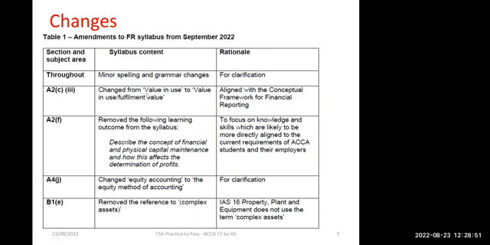Similarly, can you see the screen? In the A2 section of the syllabus, there is a change to value in use. We use the term value in use under IAS 36. The new name for value in use is fulfillment value, so we can use the term fulfillment value for value in use.